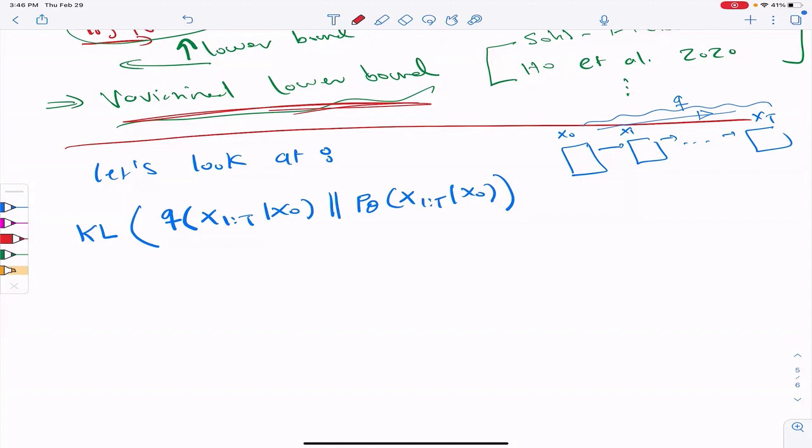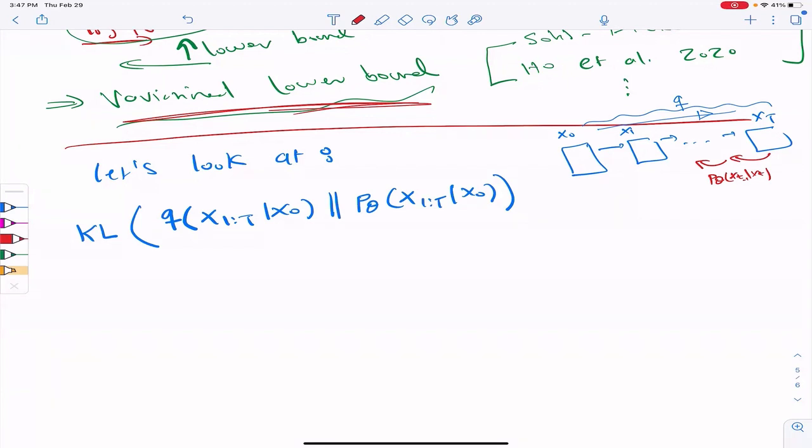Similarly, the reverse process is governed by the distribution p sub theta, that's the distribution of xt minus 1 given xt. Again, you can look at marginal distributions, or you can look at the joint distribution induced by p sub theta for x1 to xT given x0.